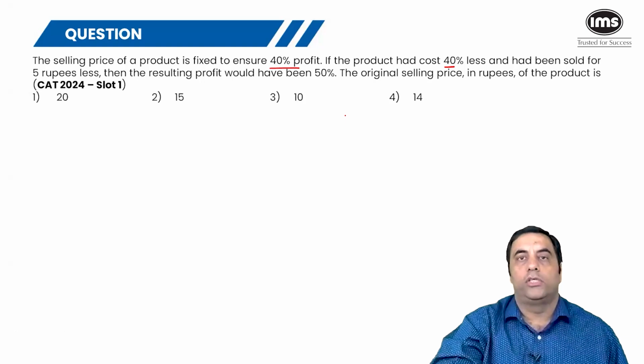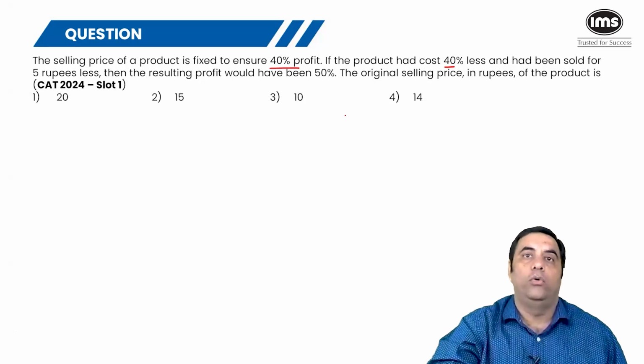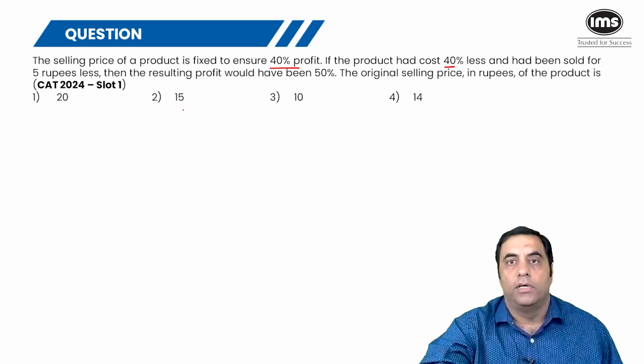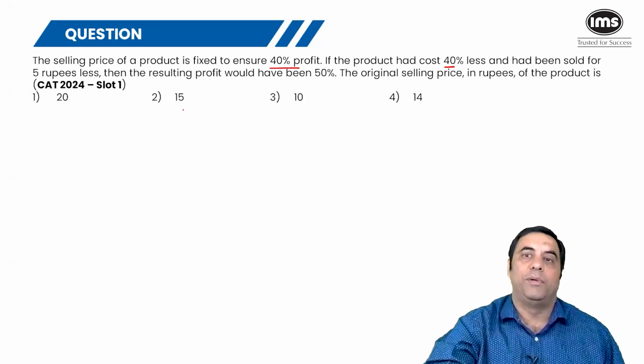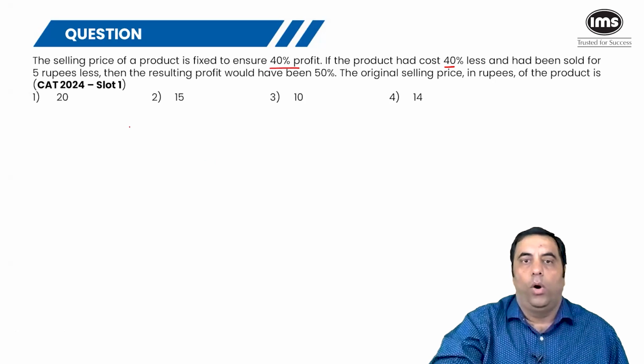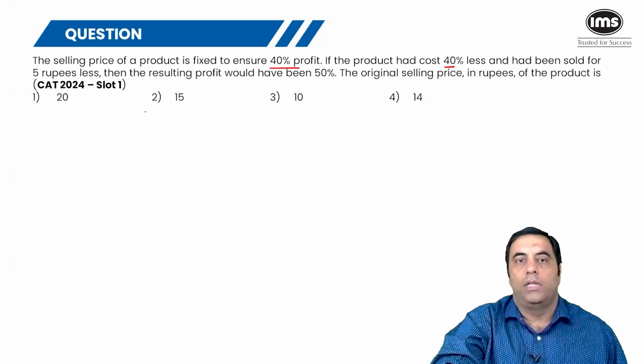Now, the best way to solve this question, because they've talked about the absolute value also, is this: we have seen the profit is 40%, and the cost price also decreased by 40%. So let's assume that the cost price of this product is 10x.